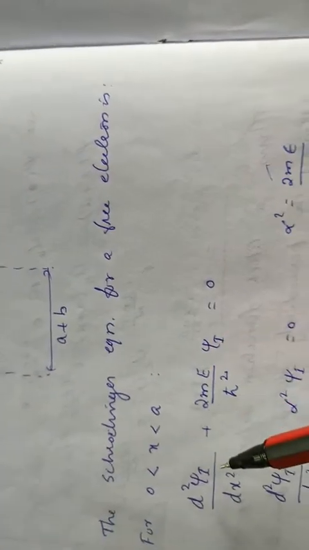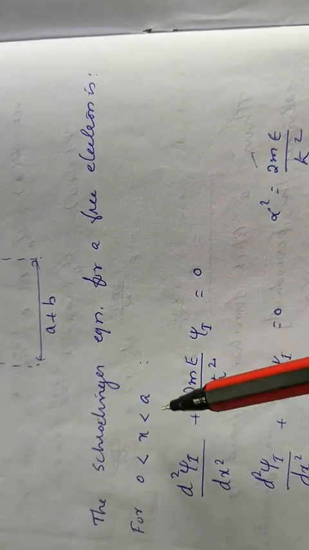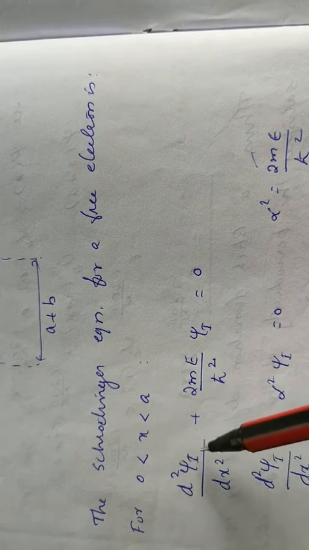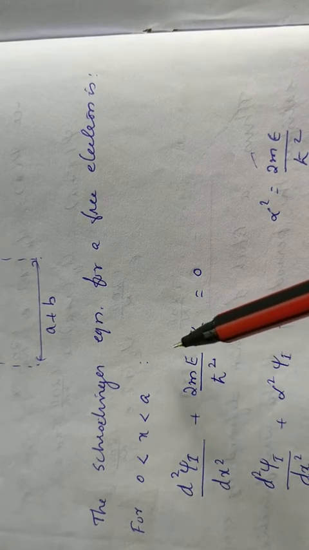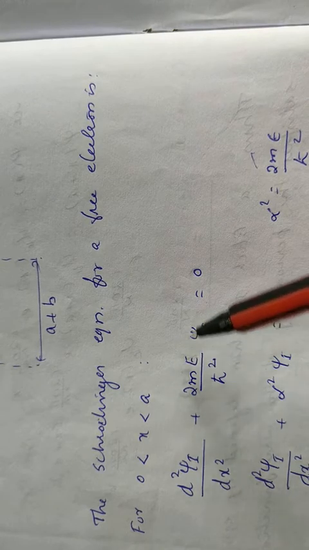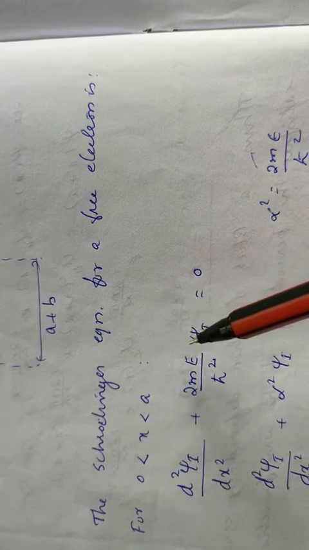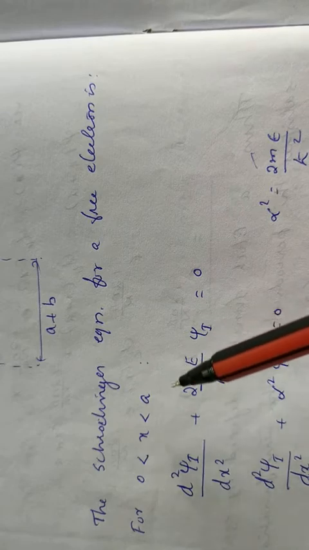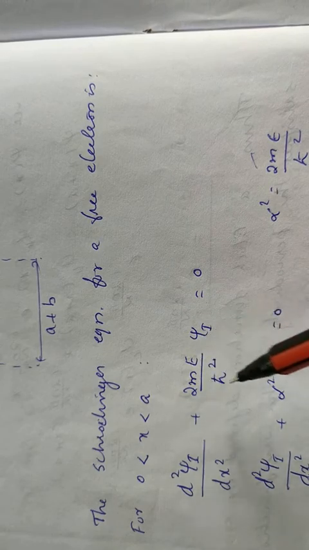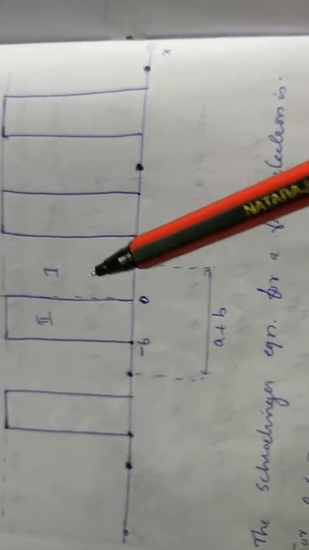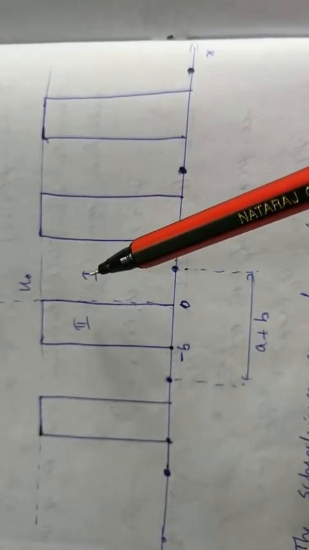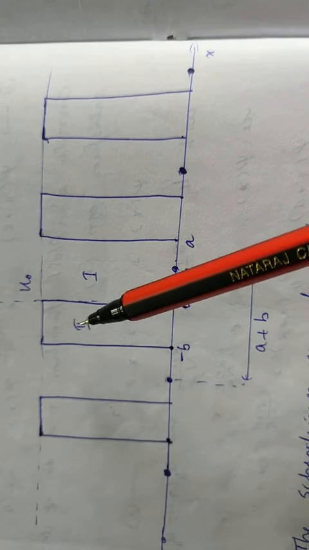So we can write the Schrodinger equation in this region as d square psi 1 by dx square plus 2m by h cut square into (E minus U) psi 1 is equal to 0. In this region U is 0, so no U term: d square psi 1 by dx square plus 2mE by h cut square into psi 1 is equal to 0. This region is treated as region 1 and the other region is treated as region 2.